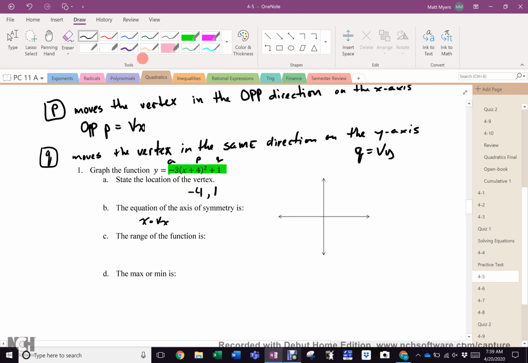So in this case, it's x equals negative 4. So I can go over here, negative 1, negative 2, negative 3, negative 4, and 1. There's my vertex, negative 4, 1. And I know that everything will reflect across that vertical line, the axis of symmetry. Now, A is negative, so is this going to go up or down? It's going to go down.